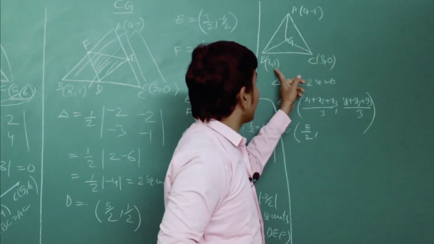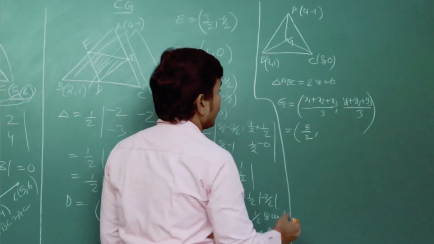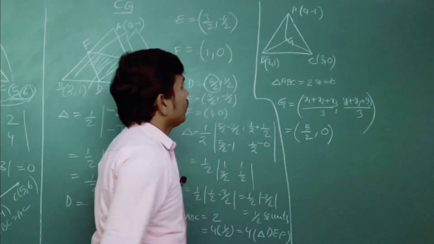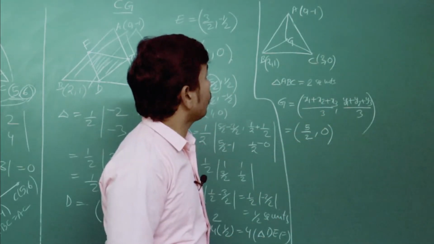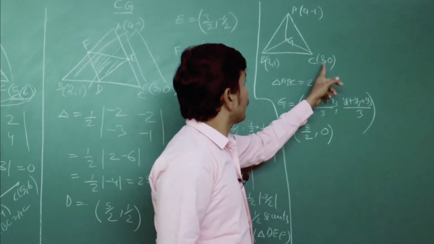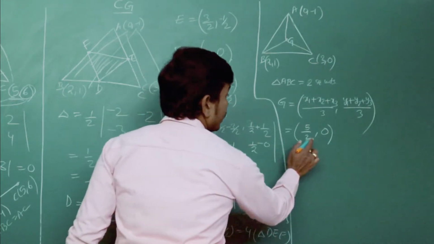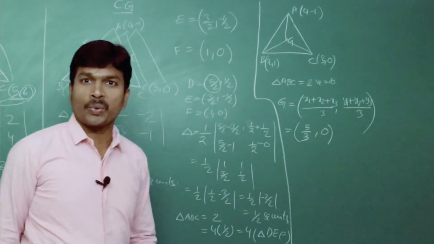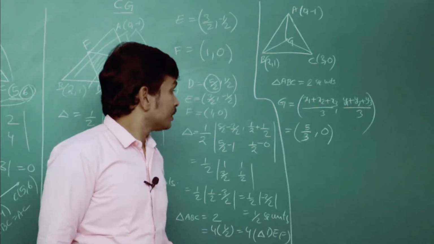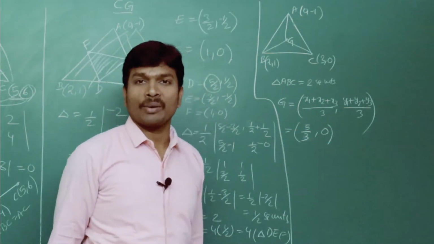And minus 1 plus 1 plus 0, what will we get? 0. Yes or no? 1 minus 1 is 0, plus 0, 0 by 3 is 0. This is 0 plus 2 plus 3, 5, so 5 by 3. It is not a 2, this is 3. Good identification by you. G is 5 by 3 comma 0.